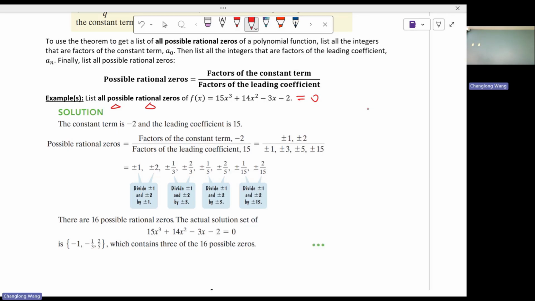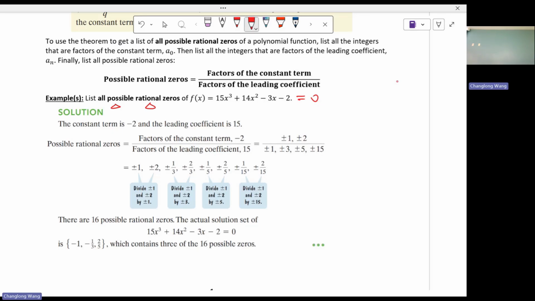Now, what about 15, which is the leading coefficient? Are you able to convince yourself that 1, 3, 5, even 15 itself are the factors of 15, right? Including the negative versions. So now, how many possibilities are you looking at?